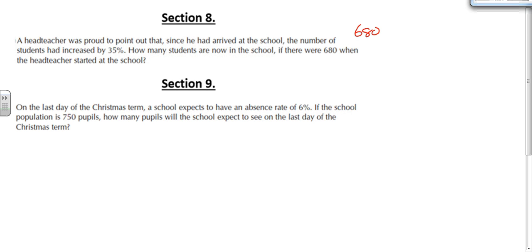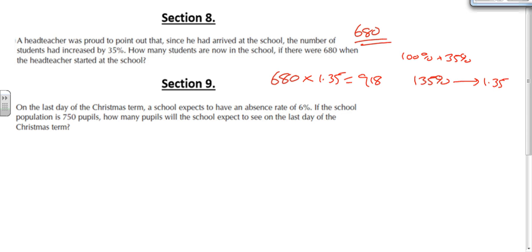So there's 2 ways of doing it. There's either finding out 35%, adding it on, or we start off with 100%. We add 35% to get 135%. We turn it into a multiplier by dividing by 100, which is 1.35, and then we multiply that by 680. 680 times by 1.35 equals 918 students.